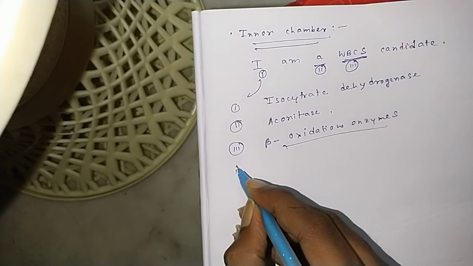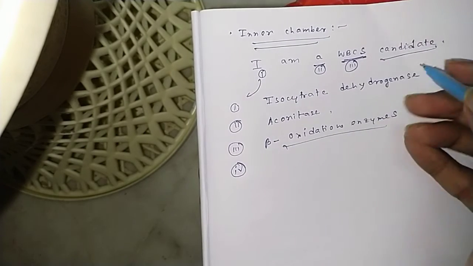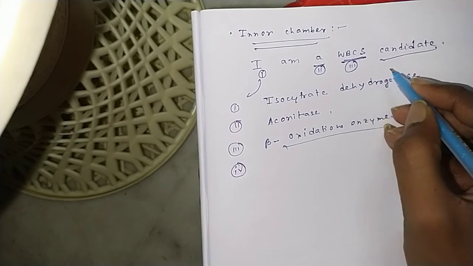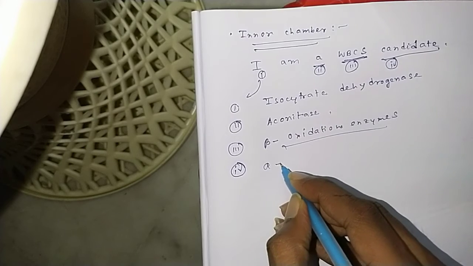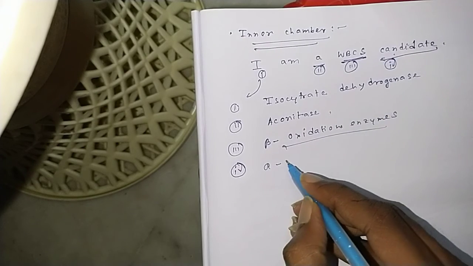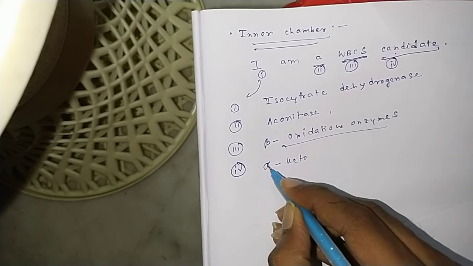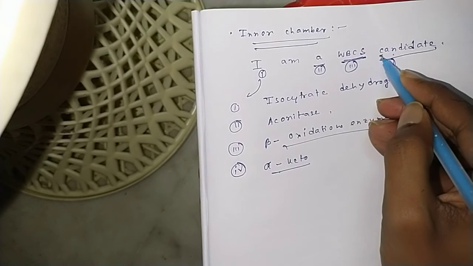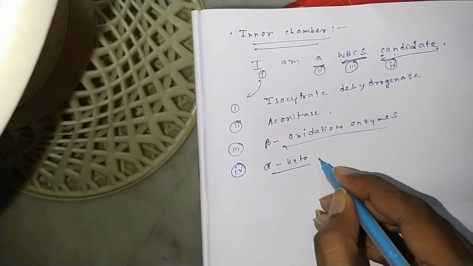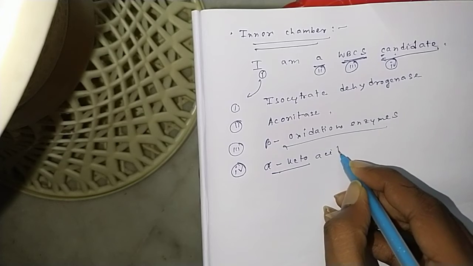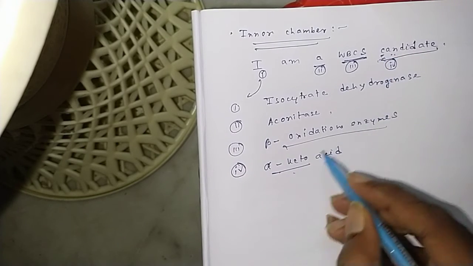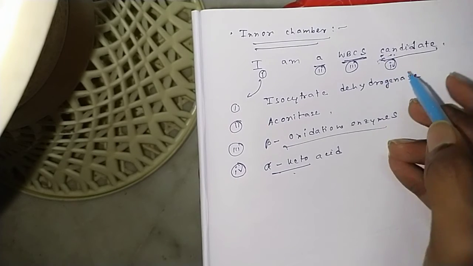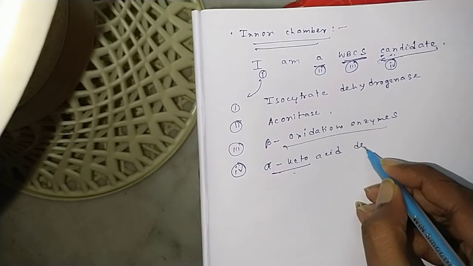And then you have the fourth enzyme, and this is the candidate, so it is actually alpha keto. So starts with keto, alpha keto acid, so CAN, keto acid. Then you have D, that is dehydrogenase.